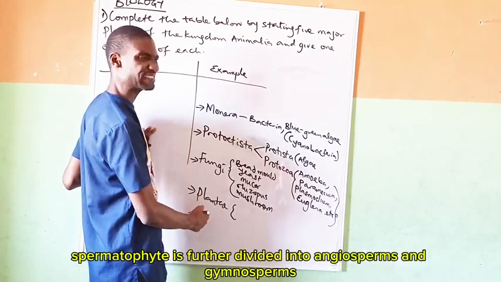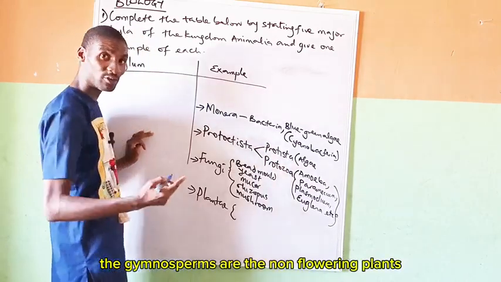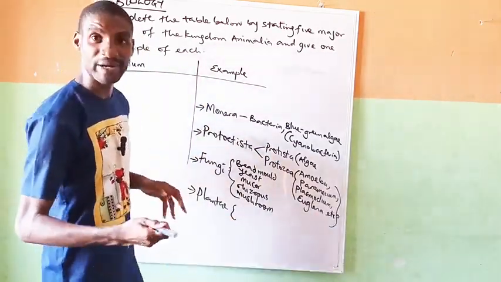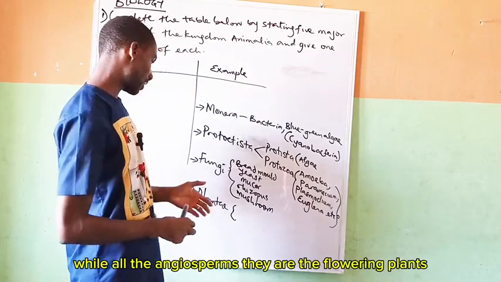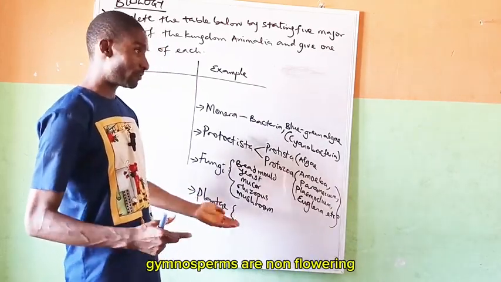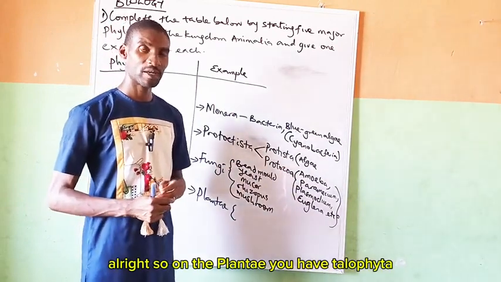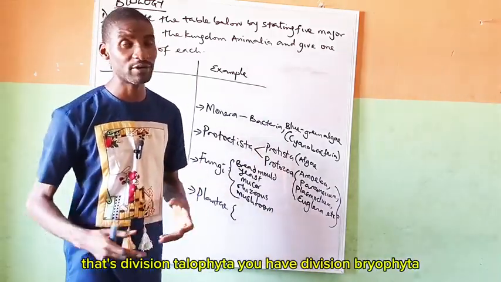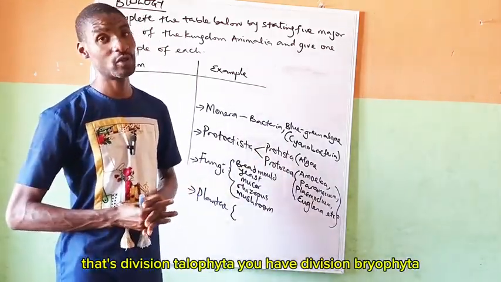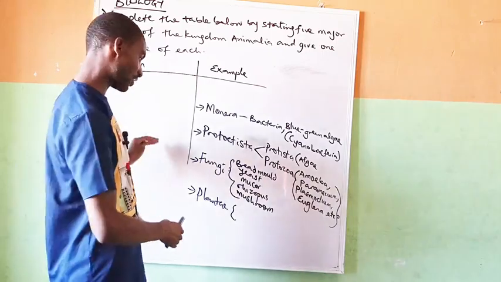There are basically 4 divisions: the Thallophyta, the Bryophyta, Pteridophyta, and Spermatophyta. Spermatophyta is further divided into angiosperms and gymnosperms. The gymnosperms are the non-flowering plants, with seeds that are not coated, while the angiosperms are the flowering plants.